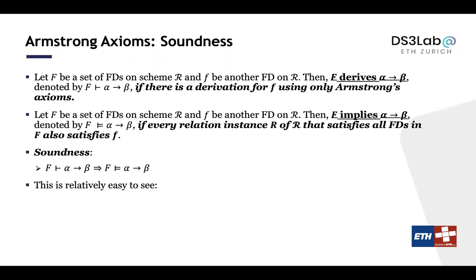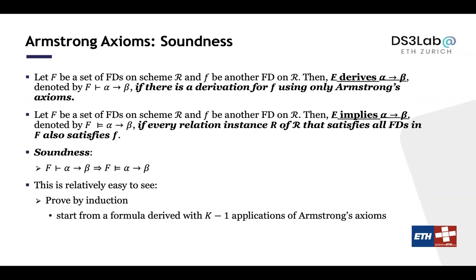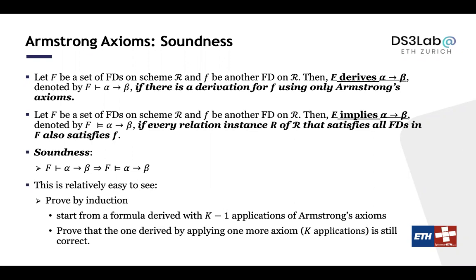This is relatively easy to see, and you can prove it by induction, right? You start from a formula that can be derived using K-1 applications of Armstrong's axioms. And then we already proved the semantic soundness of each of the axioms, so applying it the K-th time will also give you something semantically correct.